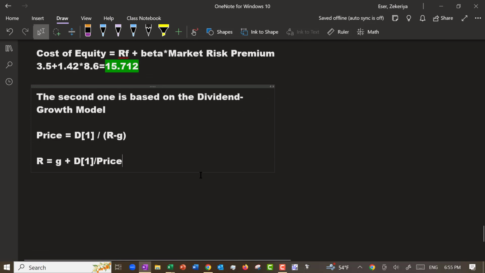So if you can figure out next year's dividend and the growth rate, we're home.